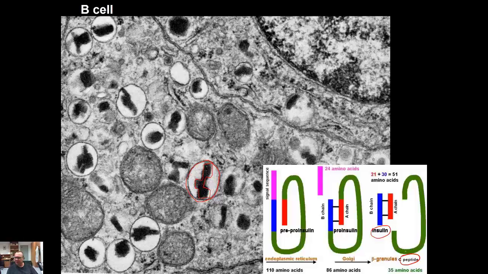It represents an inactive molecule, but it is important because it can be recognized in blood, and it can be used for the evaluation of the natural ability of the pancreas to secrete insulin in patients who are treated by injected insulin.